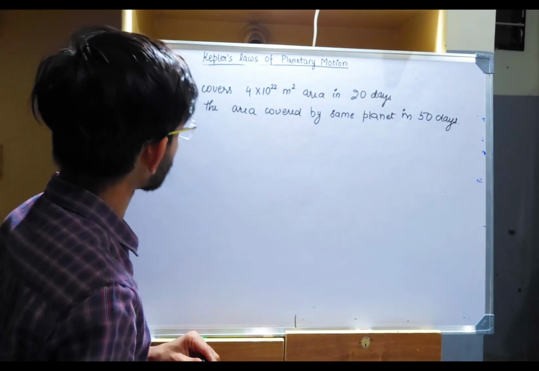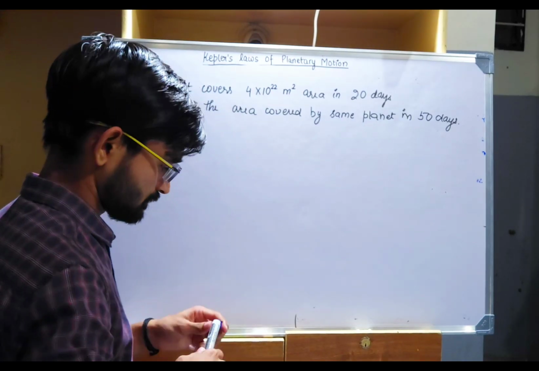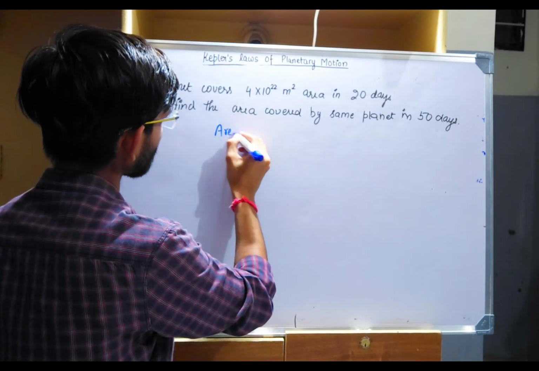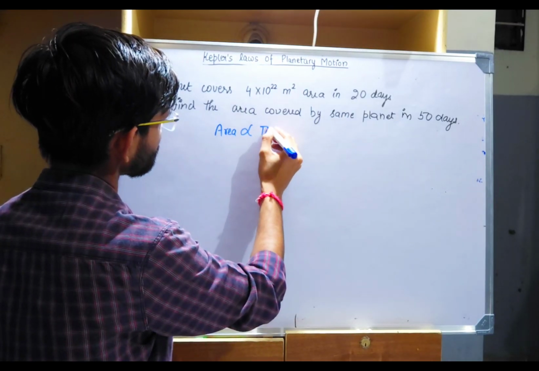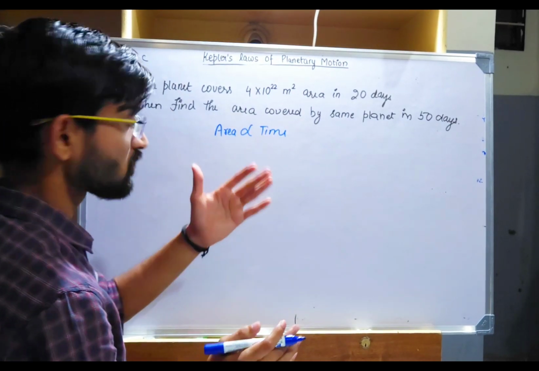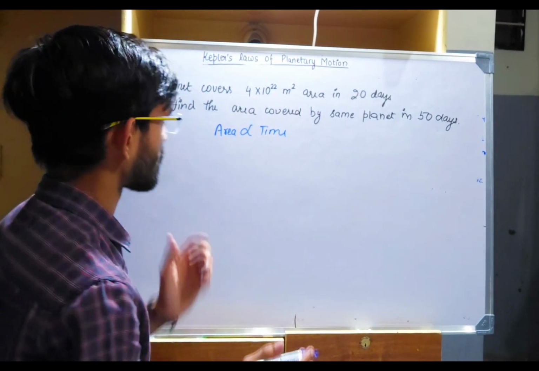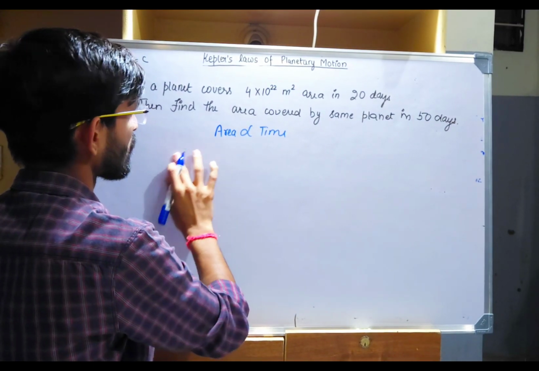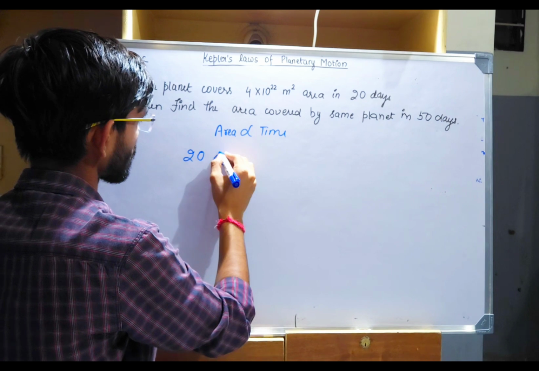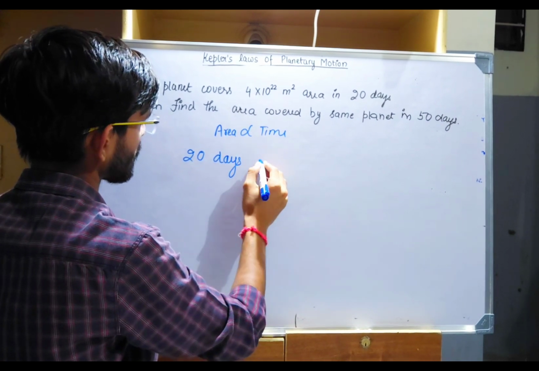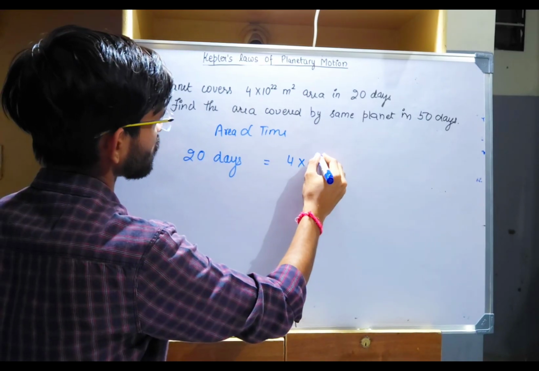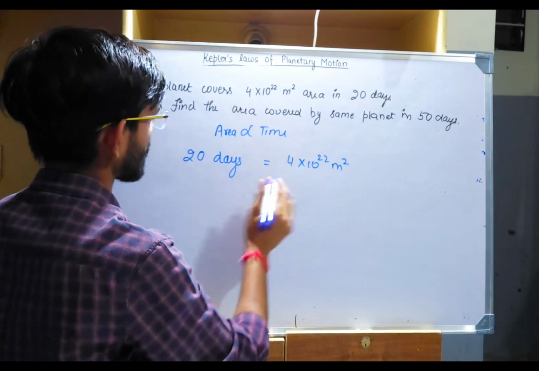As I told you, area covered is proportional to time taken. More the time, more the area a planet will cover. So in 20 days the planet covers 4 into 10 raised to power 22 meter square area.